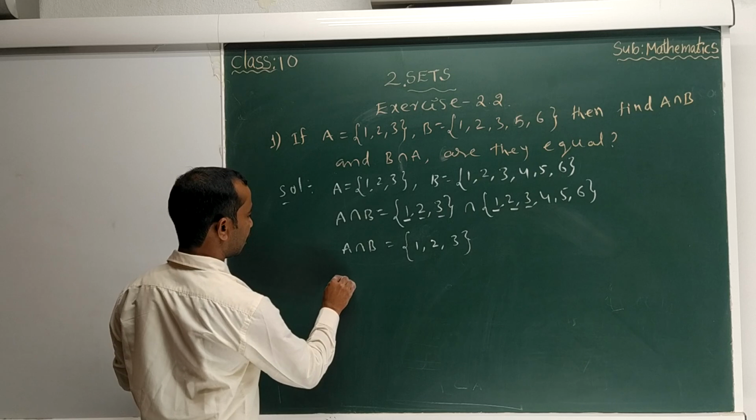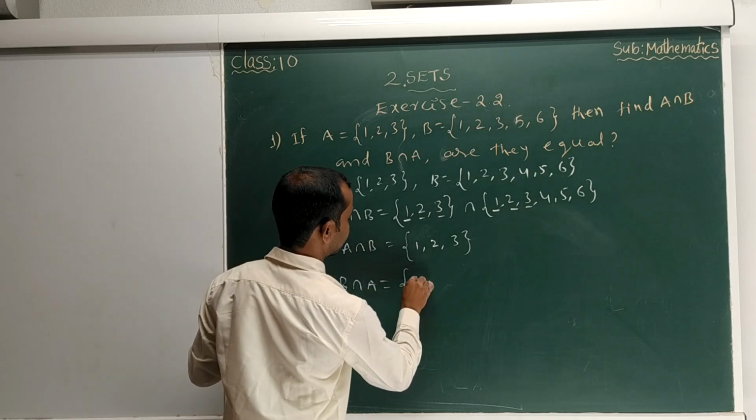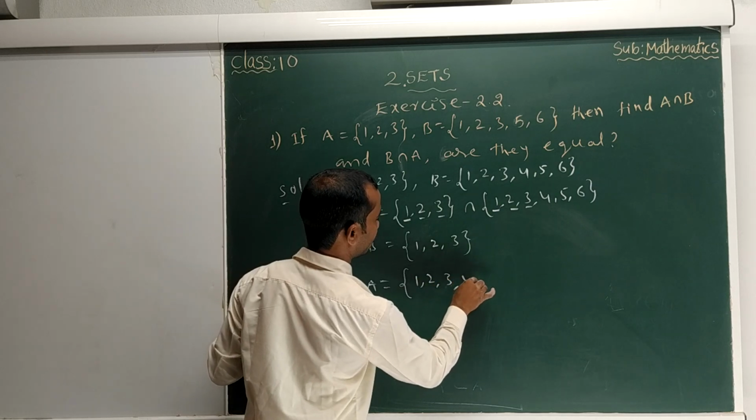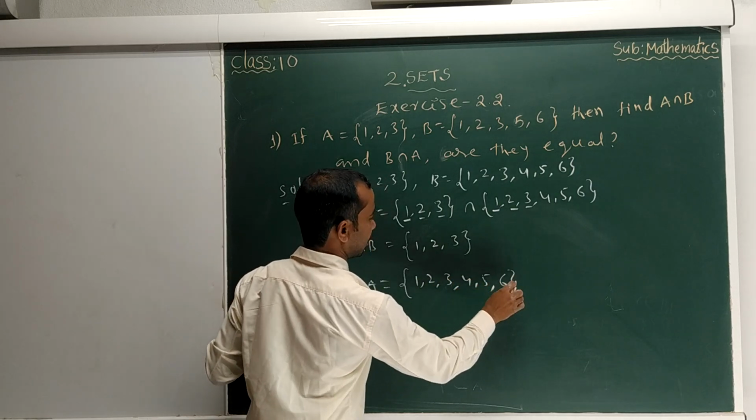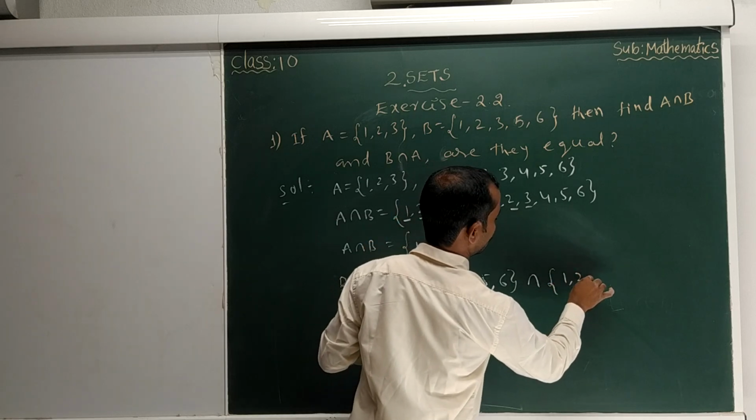Next, B intersection A. First set B is 1, 2, 3, 4, 5, 6 and intersection set A is 1, 2, 3.